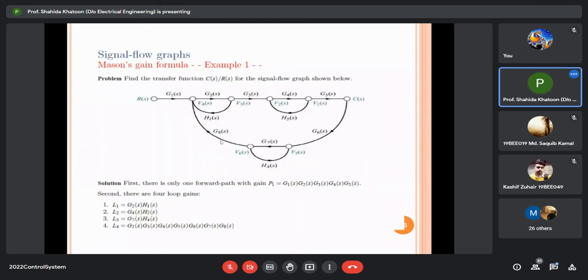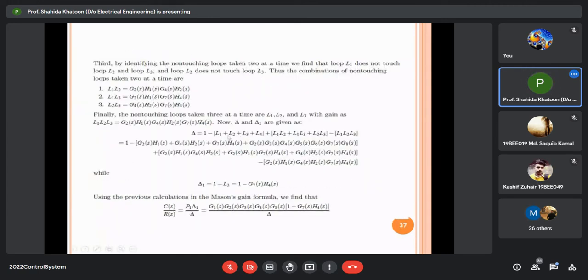So here you have 1 minus (L1 plus L2 plus L3 plus L4), plus (L1 L2, L1 L3, L2 L3), minus L1 L2 L3. Substitute the values and you will get this long formula, right? You can see for yourself. Keep on taking notes.